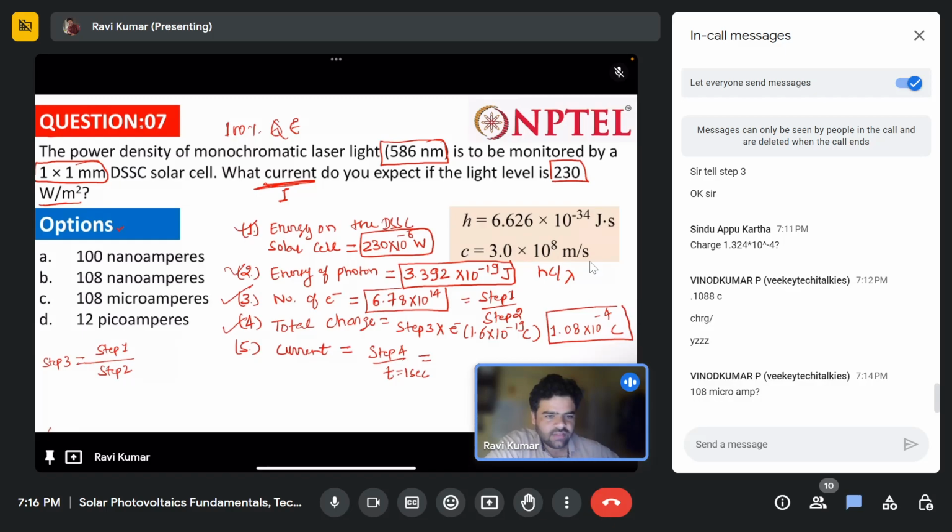And for step 5, 1.08 into 10 raised to the power minus 4 coulomb divided by 1 second, it will be 108 into 10 raised to the power minus 6 ampere, which can be said 108 microampere.